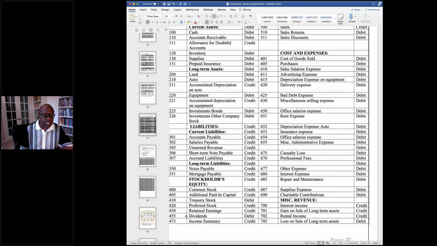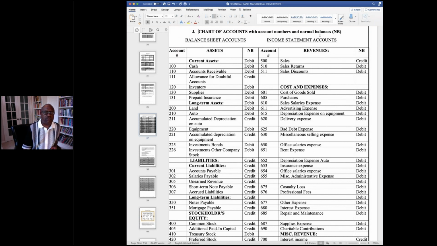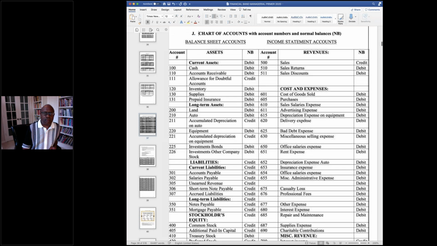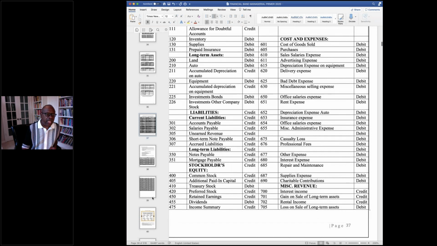Every account from dividends on down, dividends, income summary, and all the revenue accounts are temporary accounts. Permanent accounts all the way through retained earnings. Temporary accounts: revenues, expenses, and dividends, and income summary.